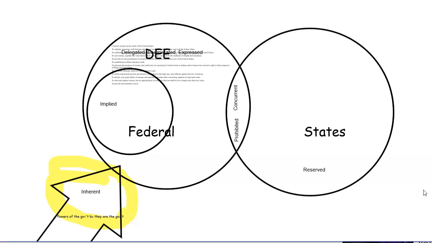And when I start giving you some examples of different powers, this one does become a challenge, and we have to ask ourselves, is the thing the government's doing expanding off of something that's in the Constitution? If it is, that's an implied power. If it is a power where we can't find anything in the document that gives them the right to do this, then we're actually dealing with an inherent power. So those are some big differences.